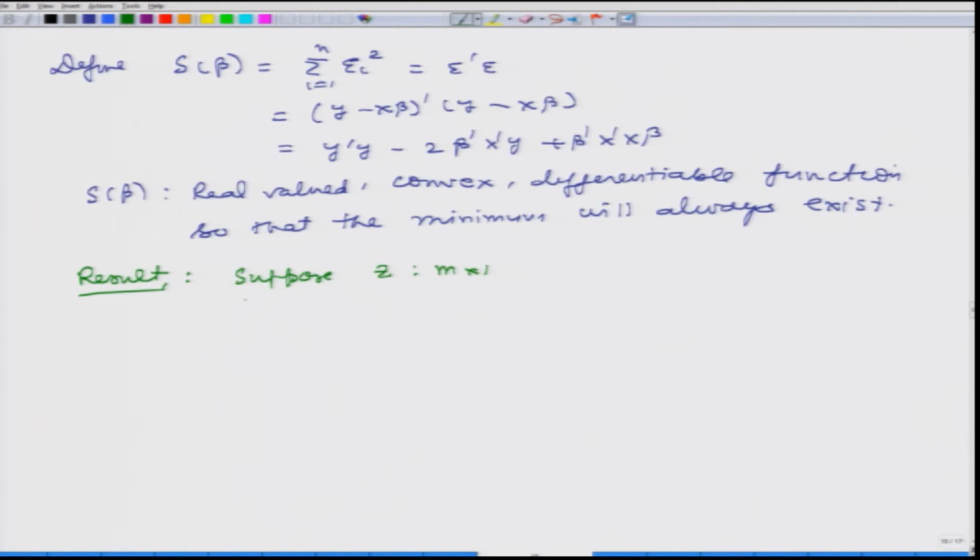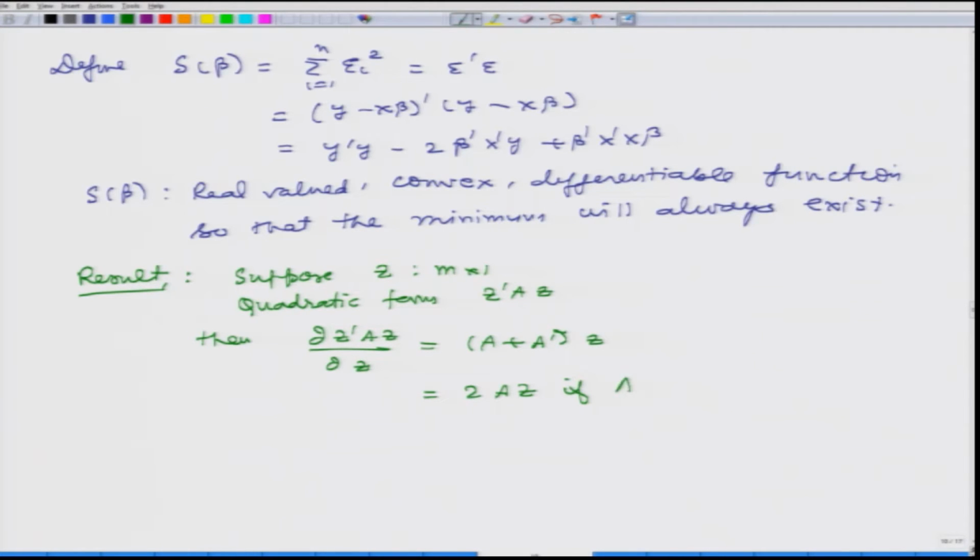Now, if I consider a quadratic form, z transpose A z, then the partial derivative of z transpose A z with respect to z is A plus A transpose times z, and this becomes twice A z if A is symmetric.